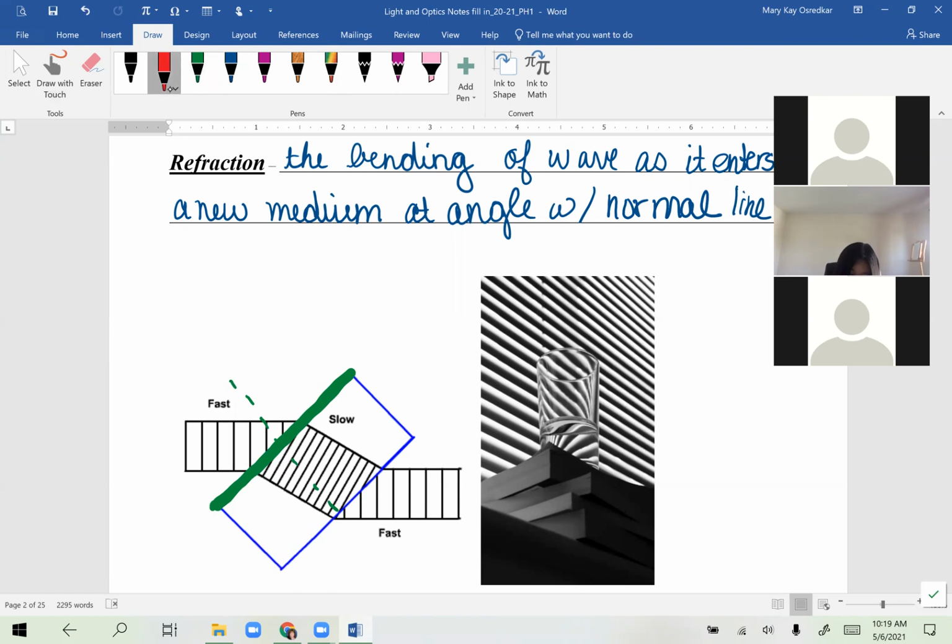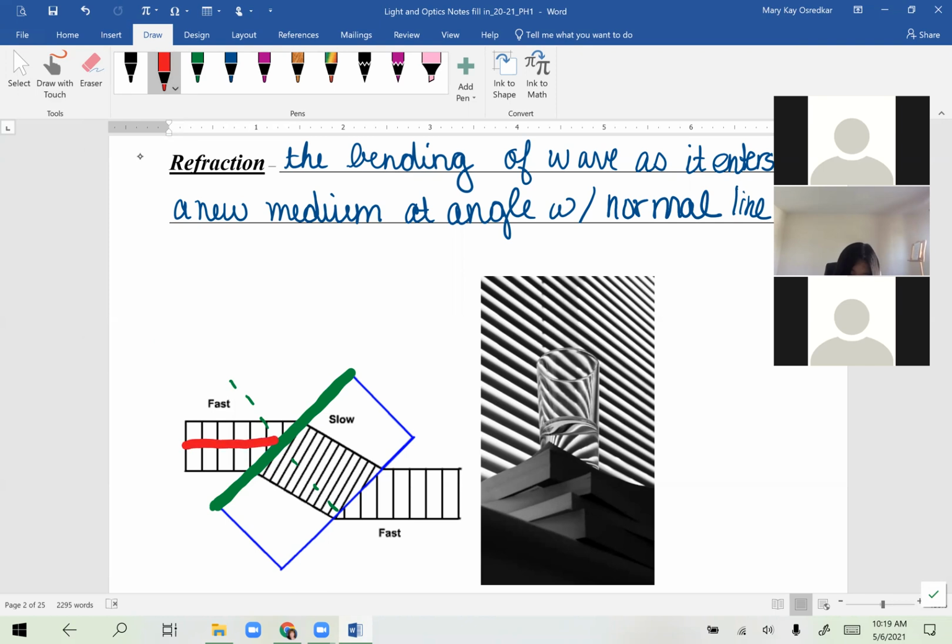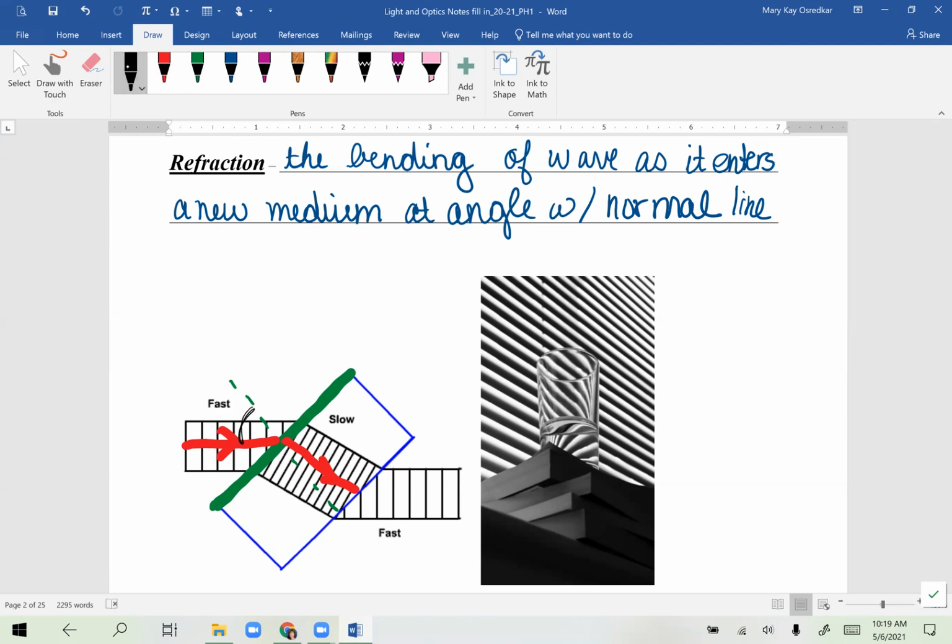The light coming in here is coming in horizontally. And then you see how it is no longer moving horizontally? Yes, as it goes into the new medium. So we've got a fast medium into a slow medium. It literally changes the direction. Here's our angle. Here's this angle.